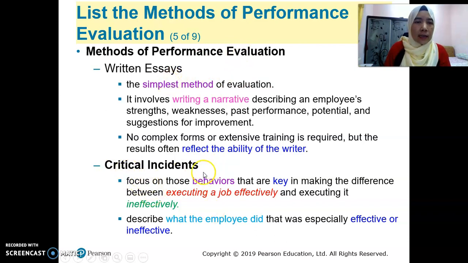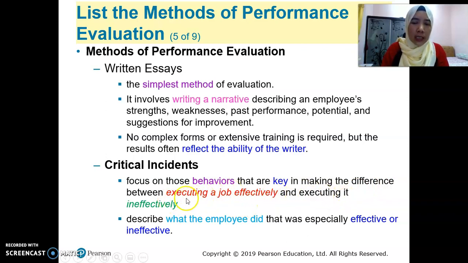Next is critical incident. The methods of performance evaluation can be through critical incidents, where the evaluation of the behavior is based on the differences between effective and ineffective. So when the organization uses critical incidents, they ask the employees to write about the behavior that can make a difference between effective or ineffective.